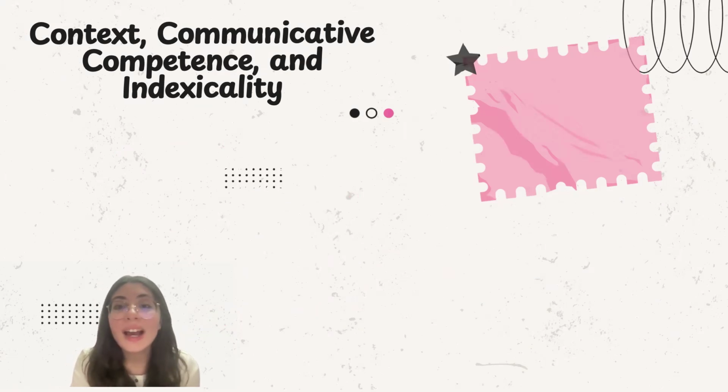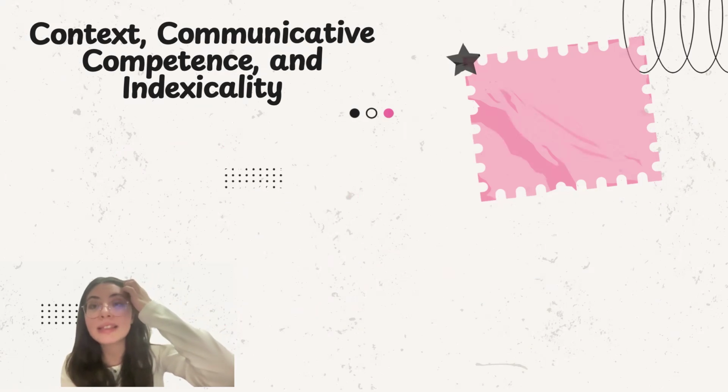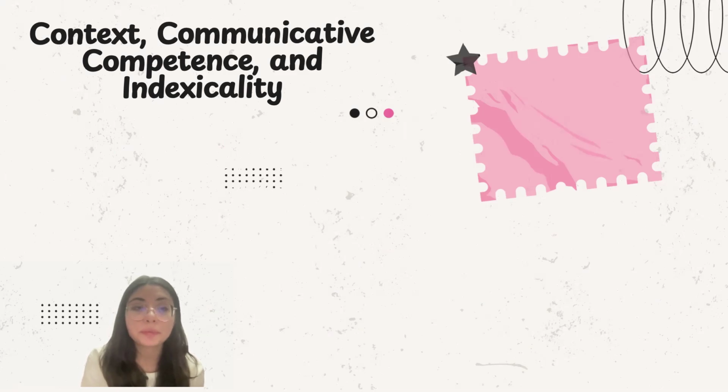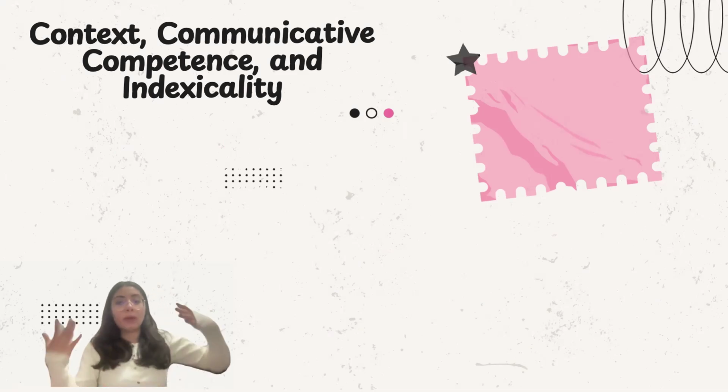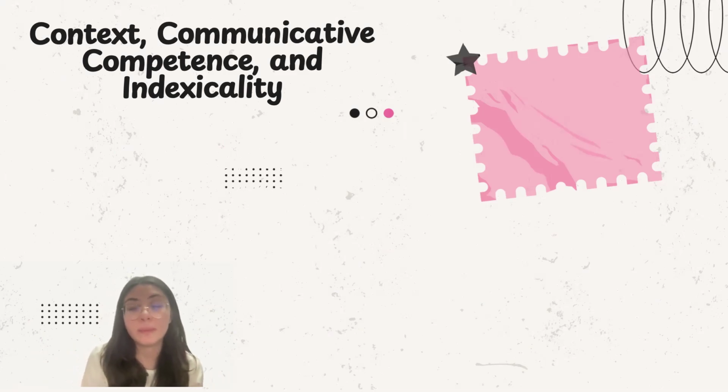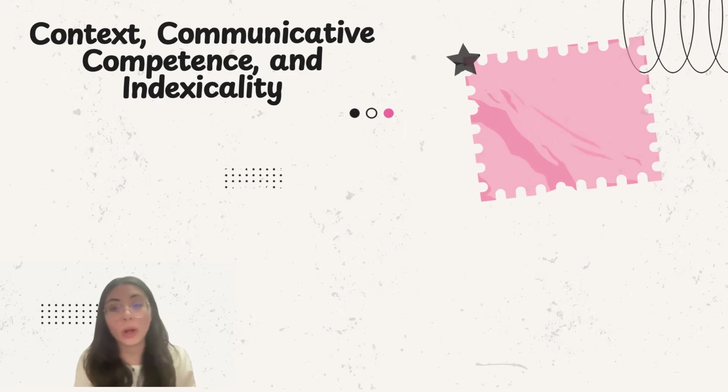It's fine. We're going to talk about context, communicative competence, and indexicality. Contextualization cues, such as we mentioned, intonation, eye gaze, and gesture, work in combination with appearance, race, and style, and their meanings shift across context.